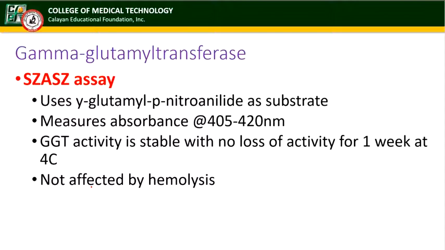So, kapag automated testing tayo, isang salang mo lang, irarun na niya lahat. So, mas maganda yung sample mo pwede talaga sa lahat ng ating tests na gagawin. So, halimbawa, 10 yung chemistry test niya. Hemolyzed yung sample mo, pwede lang siya sa 3.